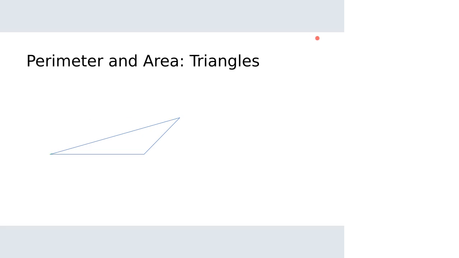I know the formula for a parallelogram is base times height. And since this triangle is half of a parallelogram, then the formula for the area of a triangle is 1/2 times the base times the height. Because essentially what we have there with the triangle is half of a parallelogram.